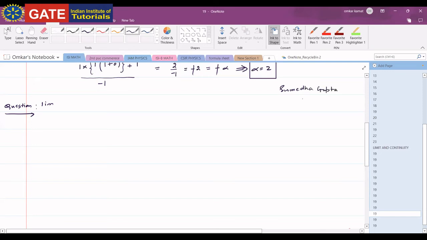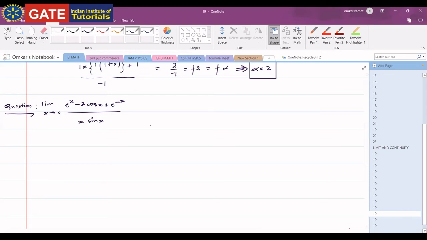Yes, sir. Then now limit as x tends to 0, e to the power x minus 2 cos x plus e to the power minus x, divided by x sin x. Tell me the value. No mistakes this time, okay?